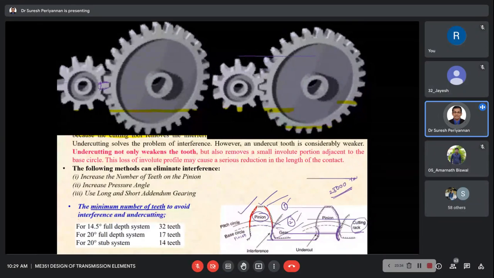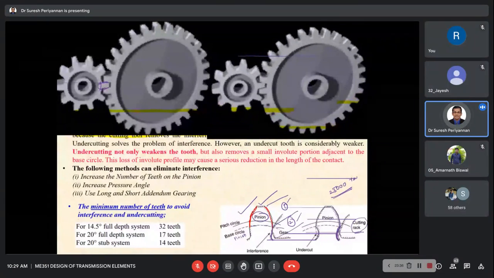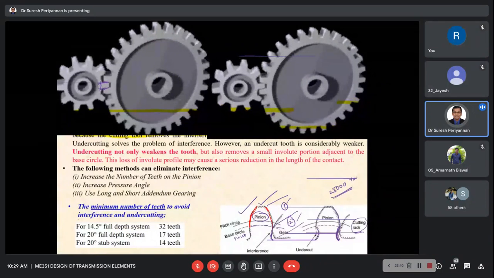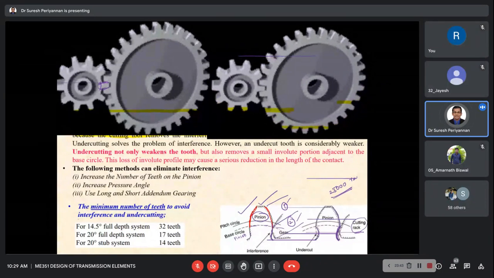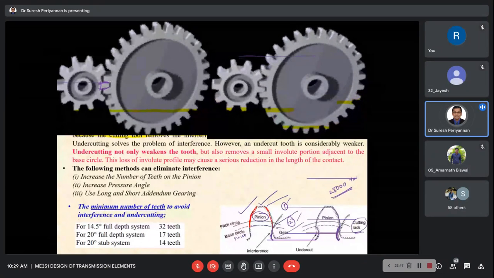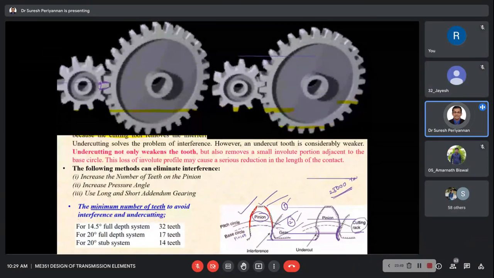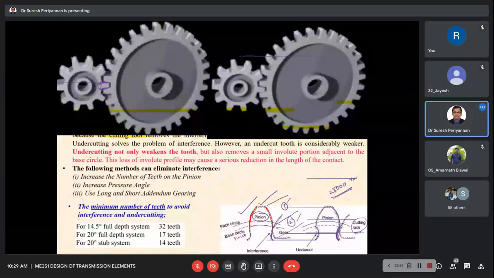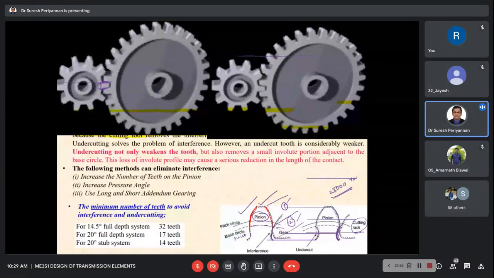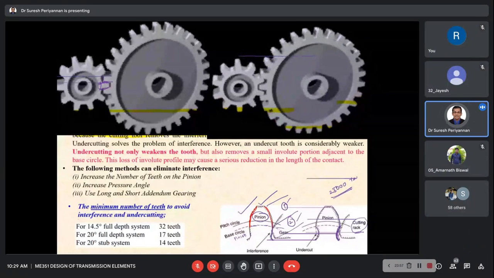Now what will happen when the gear rotates? It slowly removes the material. Due to this, it causes the interference initially. When it is continuously functioning, the gear teeth are going to slowly remove the material based on the length of the gear tooth.